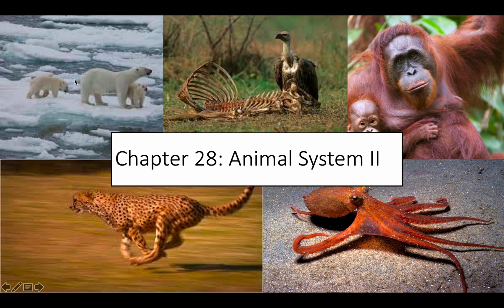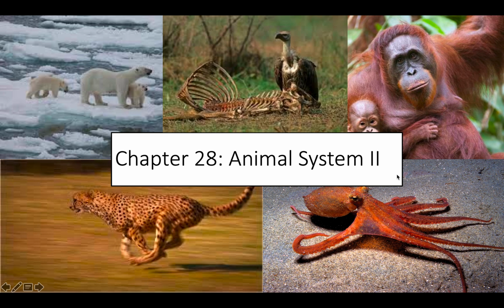Here in this picture, you have chapter 28. We'll also look at homeostasis. So we'll see how animals in the Arctic can keep themselves warm. We'll look at thermoregulation in different animals, endotherms versus ectotherms. We'll be looking at skeletons or body structures and how they relate to movement and the nervous system.